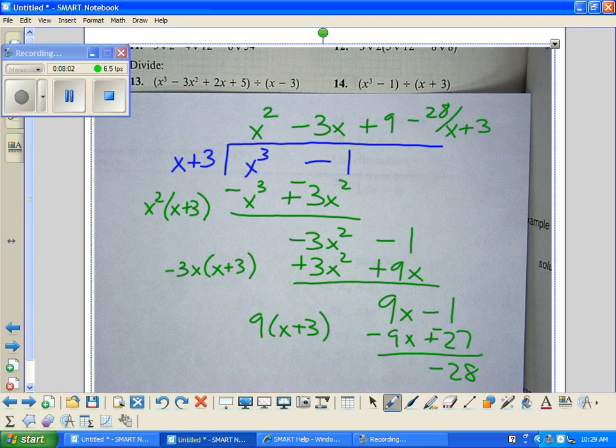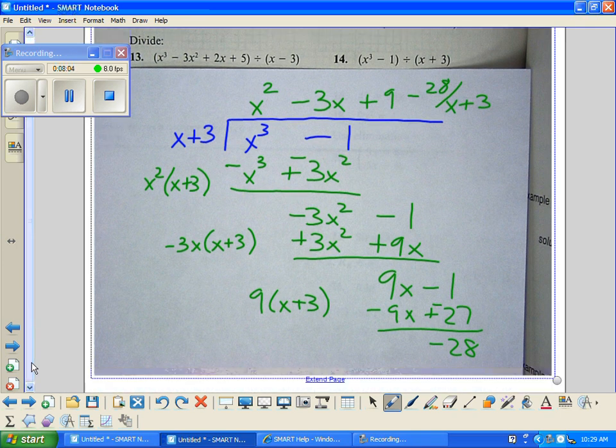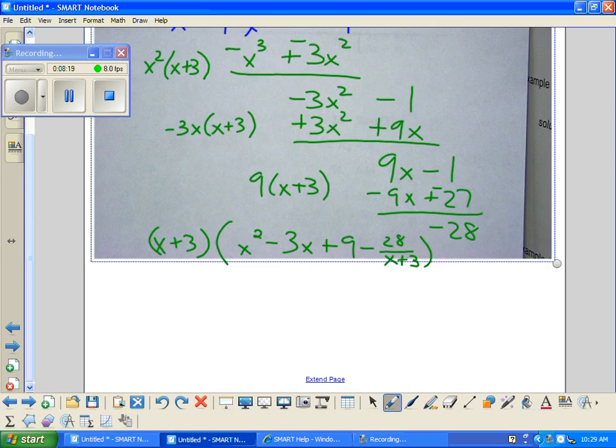Again, to do a double check, I can take x plus 3 times the answer I got to make sure that this is correct: x squared minus 3x plus 9 minus 28 over x plus 3. If I have any math mistakes, they're going to show up right now. Again, I will take the whole quantity and distribute it 4 times.